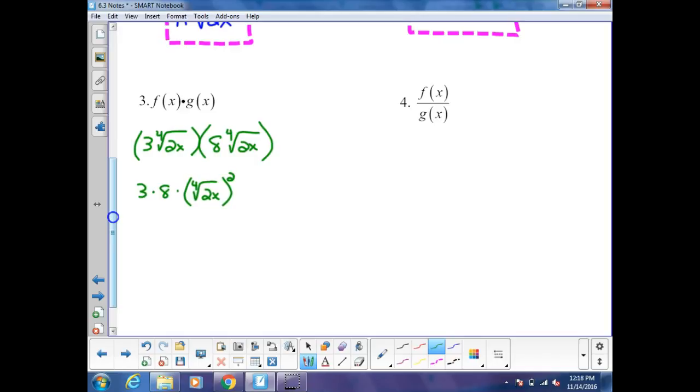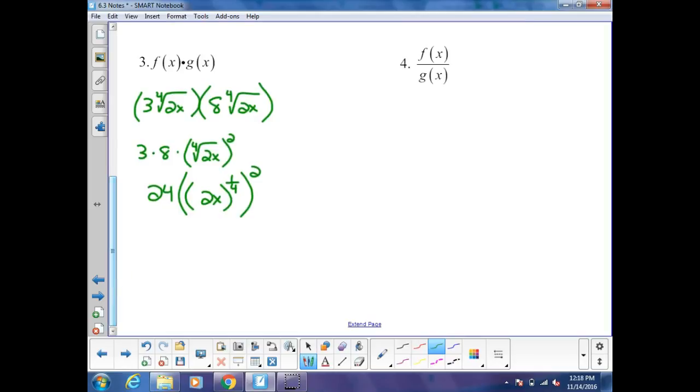Correct? 3 times 8 is 24. So this is 24 times 2x to the 1/4 power, squared. Power to a power, what do we do? We multiply them.